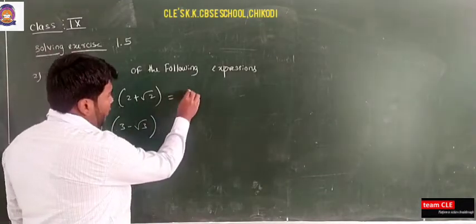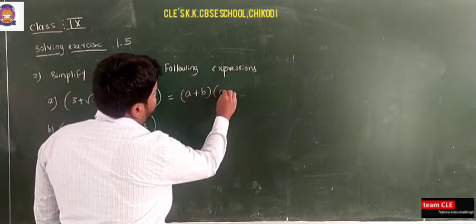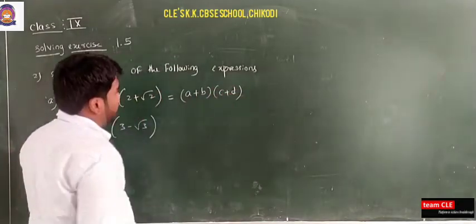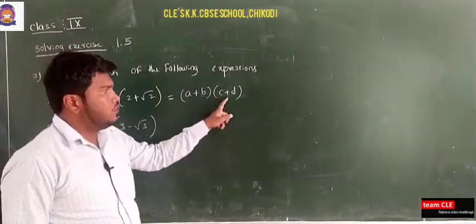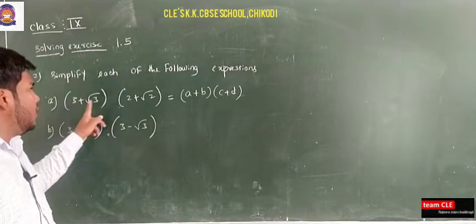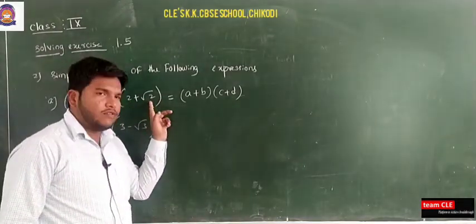So this looks like (a plus b) into (c plus d). The first problem from your exercise looks like (a plus b) into (c plus d). A you consider 3, b you consider root 3, c you consider 2, and d you consider root 2.